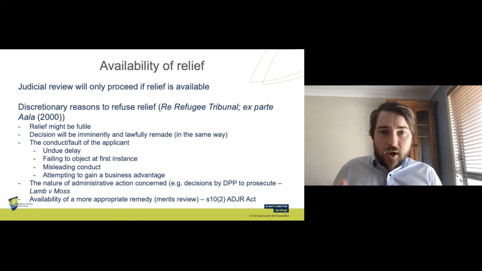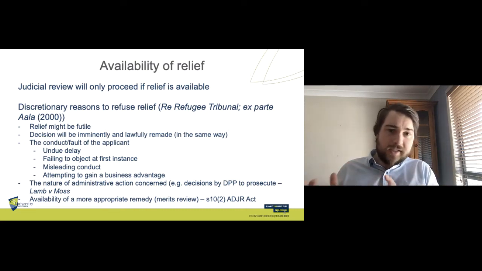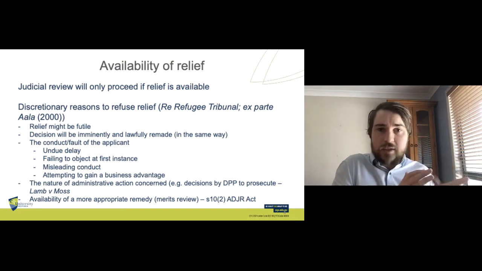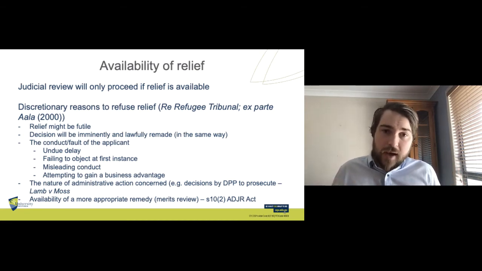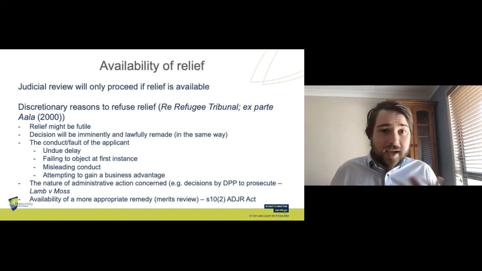But on the evidence, it looks pretty clear that even if the court set the decision aside and sent it back to the decision maker, it would be completely open to the decision maker to make the exact same decision. They just do it properly this time. And so if it's going to be completely pointless and the decision maker will just make the exact same decision again, then we're sort of asking, well, why would you bother in the first place?